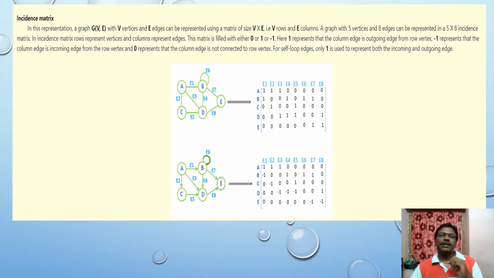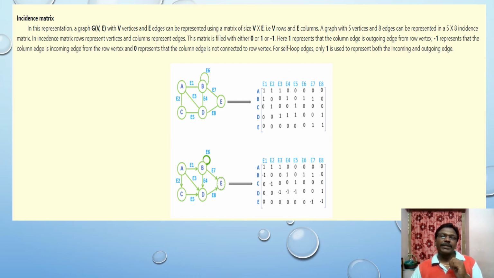In the incidence matrix example, the 5 vertices A, B, C, D, E are the rows, and the columns are E1, E2, E3, E4, E5, E6, E7 and E8. A is connected to 3 vertices, that is B, D and C. So A to E1, E2 and E3 is 1, and the remaining are all zeros.